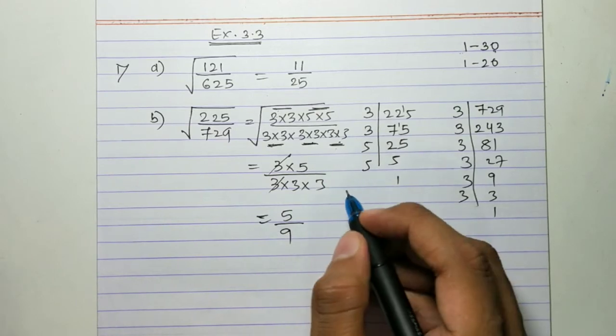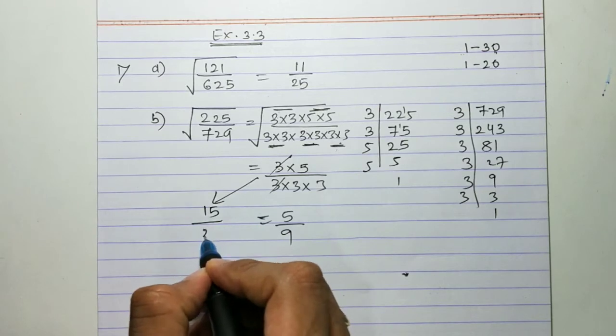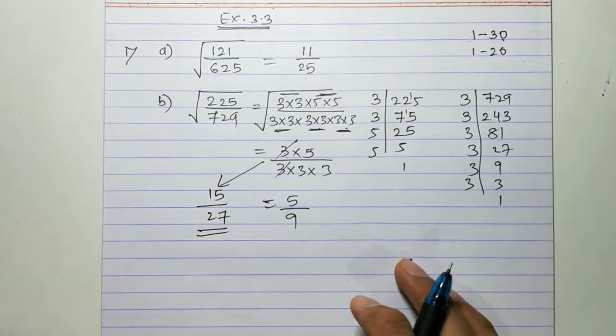Okay, even if you don't cancel and keep the answer 3 5s are 15 upon 27, even then it is right. Okay, both answers are correct.